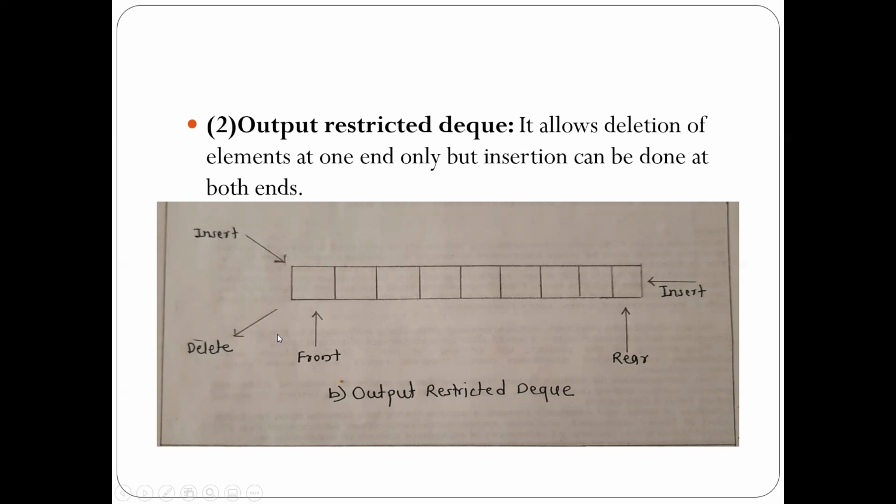If you are able to see here, insertion is shown at the front end and at the rear end also, but deletion is only possible from the front end. So in case of the output restricted DQ, we can apply three operations: insert from the front, insert from the rear, and delete from the front only. This is called the other variation, the output restricted DQ.